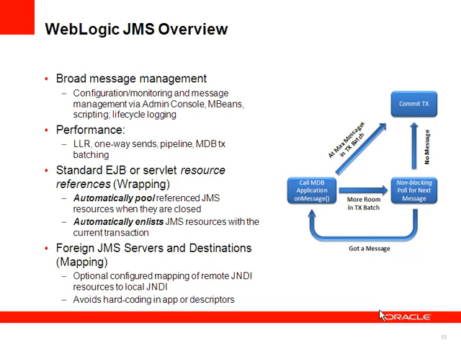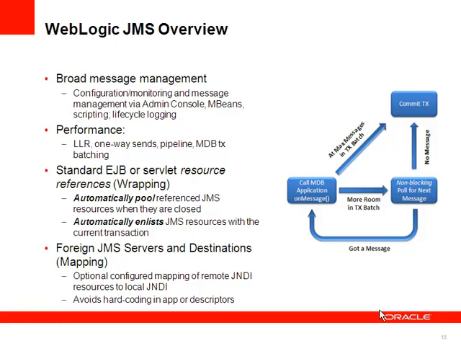This is again a performance and an ease of use benefit, and then the same thing for transactions. So if you're producing messages as part of a transaction and you've turned on this resource reference wrapping, then we'll automatically enlist JMS resources as part of that transaction. From a receiving side, it's using an MDB container. The MDB container actually does all these things for you without having to do any resource referencing at all.